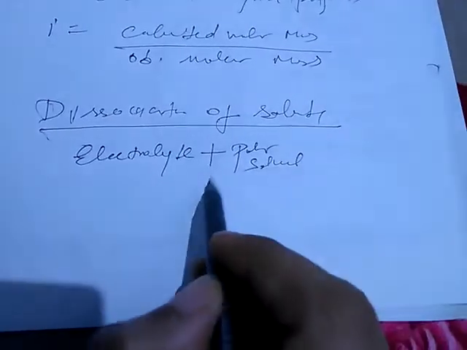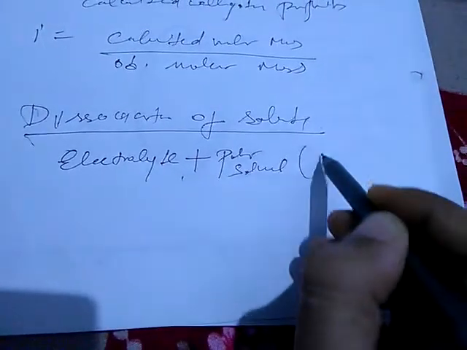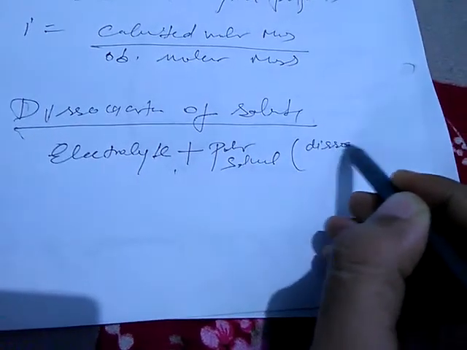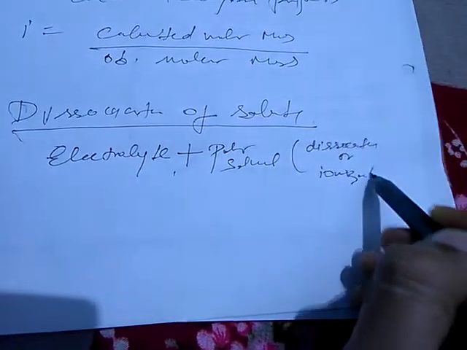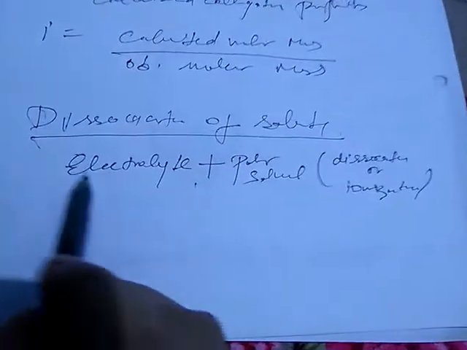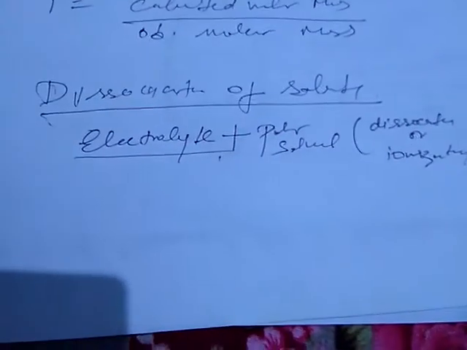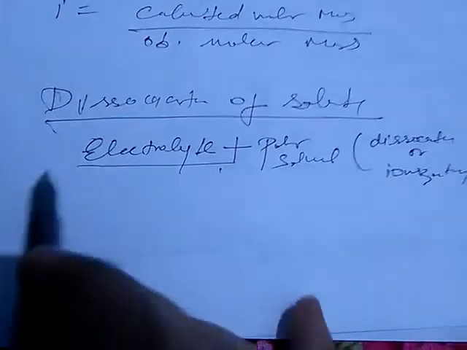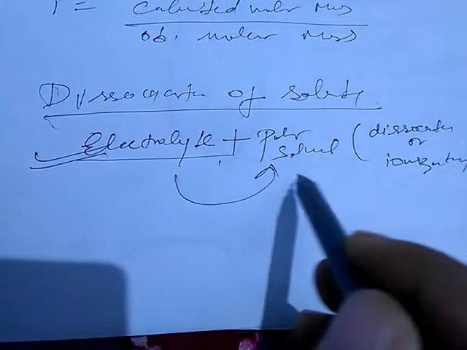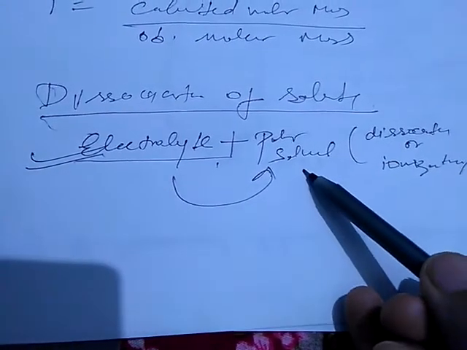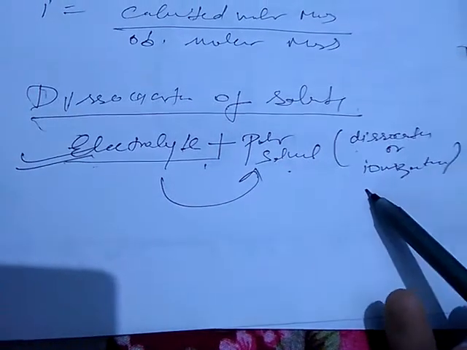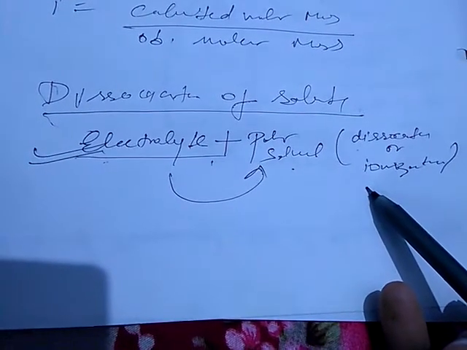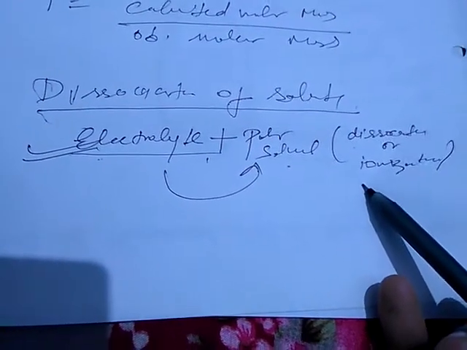They ionize or dissociate, they split into ions. Electrolytes are basically polar compounds, and if they are put in a polar solvent, the best polar solvent being water, then the electrolyte will dissociate or ionize and form more particles in the solution.